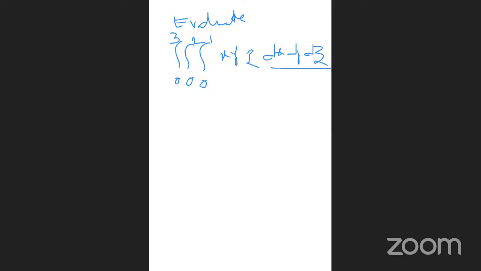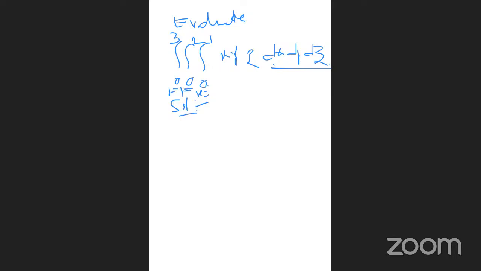Okay, now see the solution. So this is dx, dy, dz, no? So this is the x limits, this is the y limits, and this is the z limits.